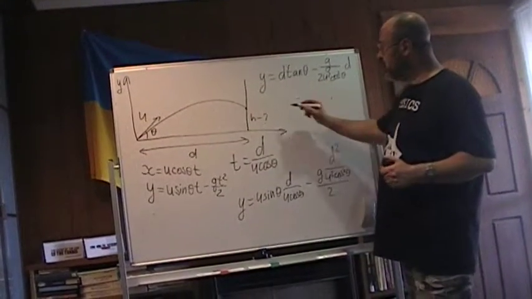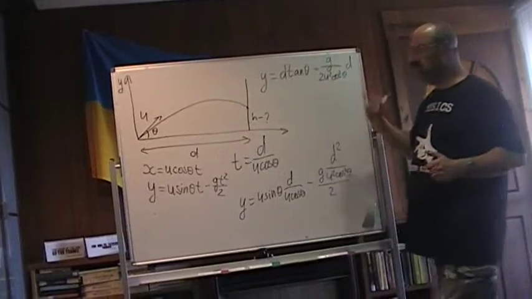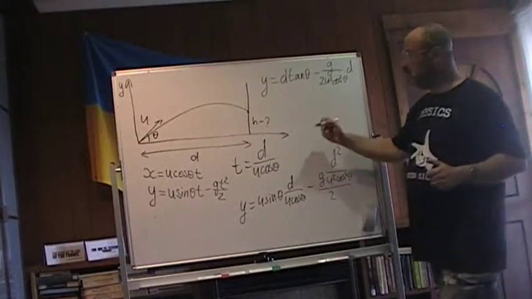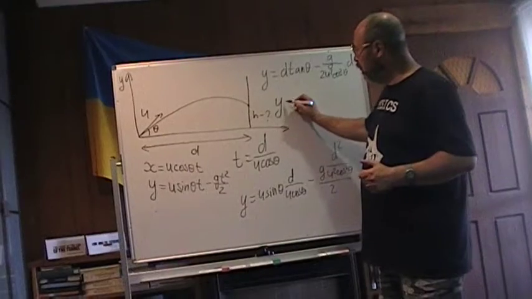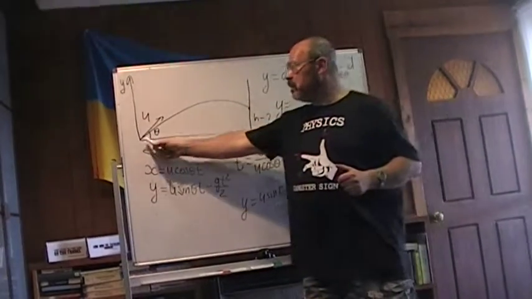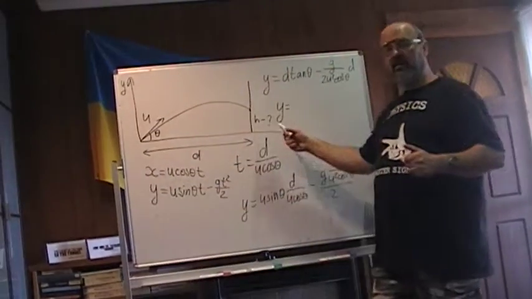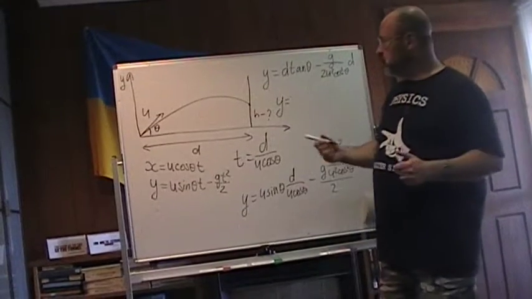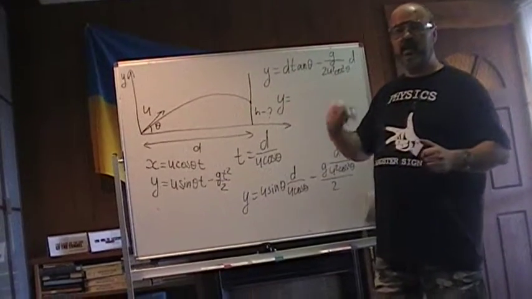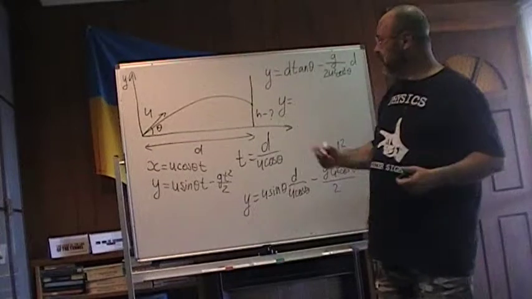And by the way, if we replace d just with x, it gives you the equation describing the path in terms of y and x. So it will give you the y coordinate, the height, for any given x.